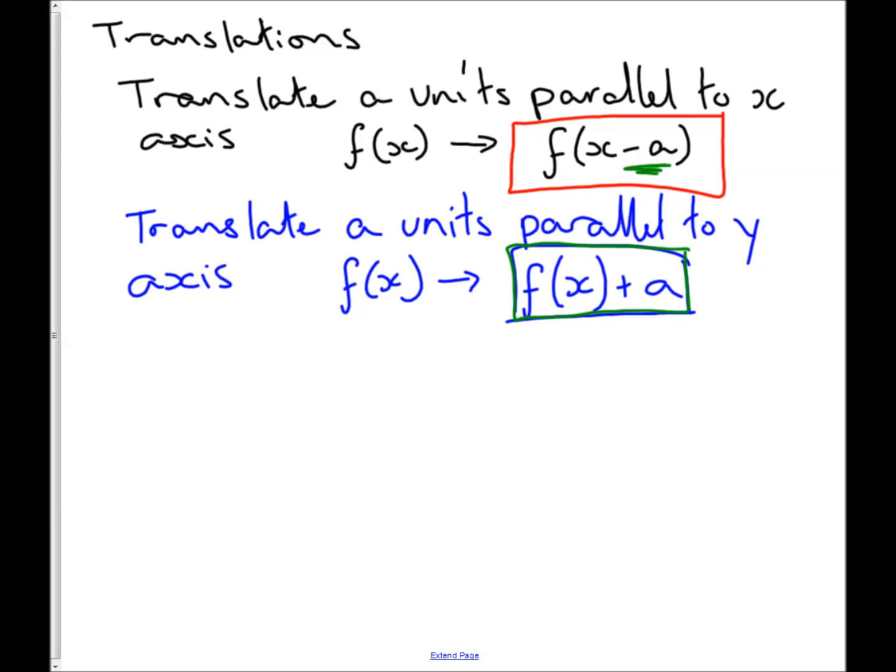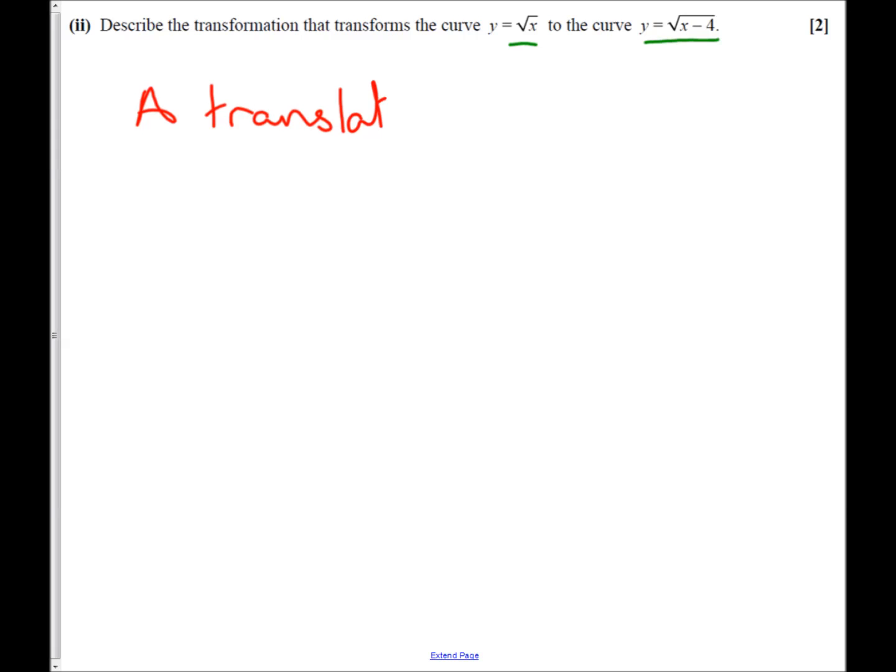And you can see that before I had root x, now I've got root of x minus 4. So a is just 4. The sign's right already inside my bracket. So I can say it's a translation of 4 units parallel to the x-axis. Nice, easy 2 marks if you've learnt your material.